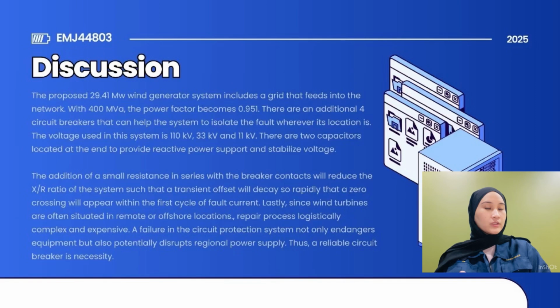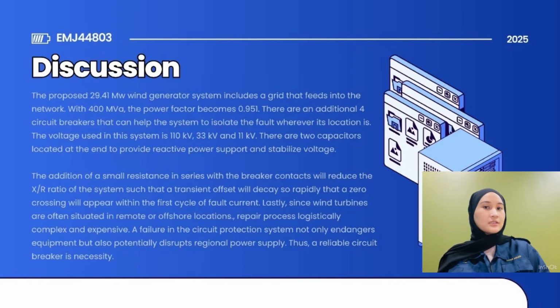The value of 29.41 itself is taken from the industry, but it can be changed according to the studies. There are additional 4 circuit breakers in the system that help to isolate the fault wherever its location is and control the switching. The voltages used in the system are 110 kV, 33 kV and 11 kV.